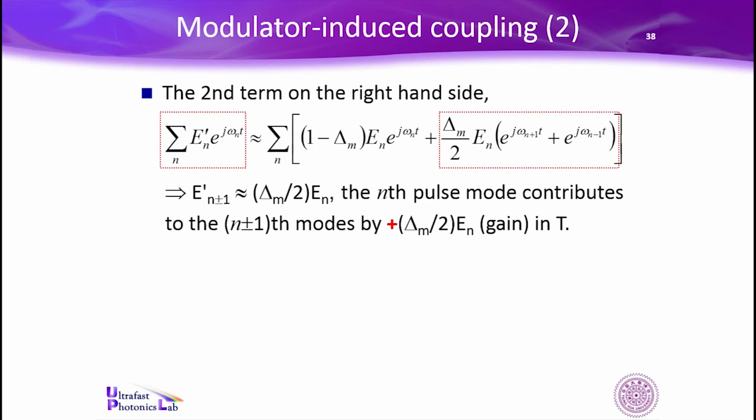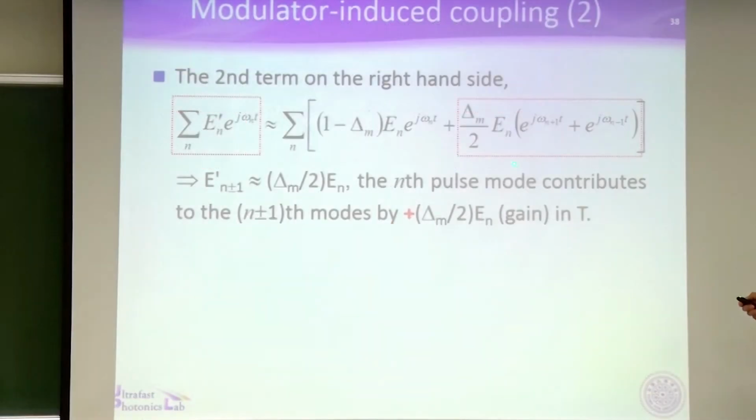If you observe the second term on the right-hand side, which is here, mathematically it's modeled this way. En plus 1 or minus 1 prime, physically it means the phasor of two side modes, right?